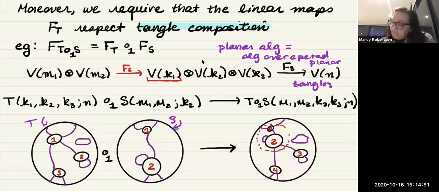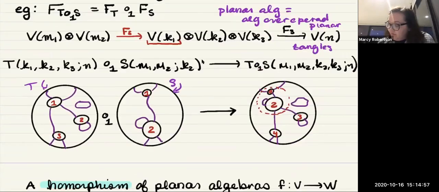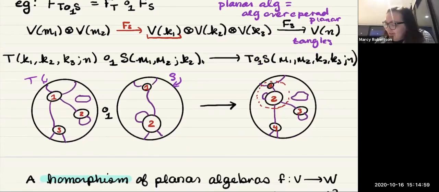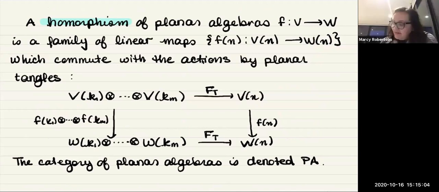I'm not sure why I included the maps. Anyway, a homomorphism of planar algebras is again going to be a family of maps between these families of vector spaces that commute with my tangle action. I don't actually think we use that, so that's an extraneous slide, but there you go.